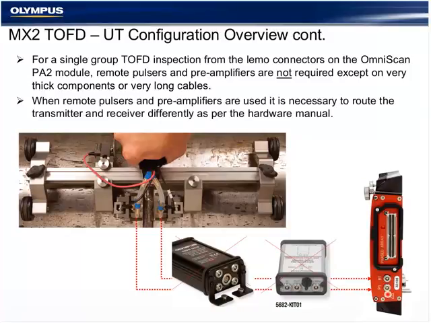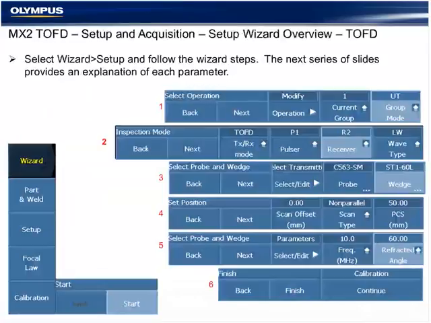On multi-zone techniques where we're using pins from the phased array combined with this, these may or may not be necessary. But any weld now under about 30 or 40 millimeters would not require additional remote pulsars and receivers. The signal-to-noise ratio is dramatically improved over previous versions.